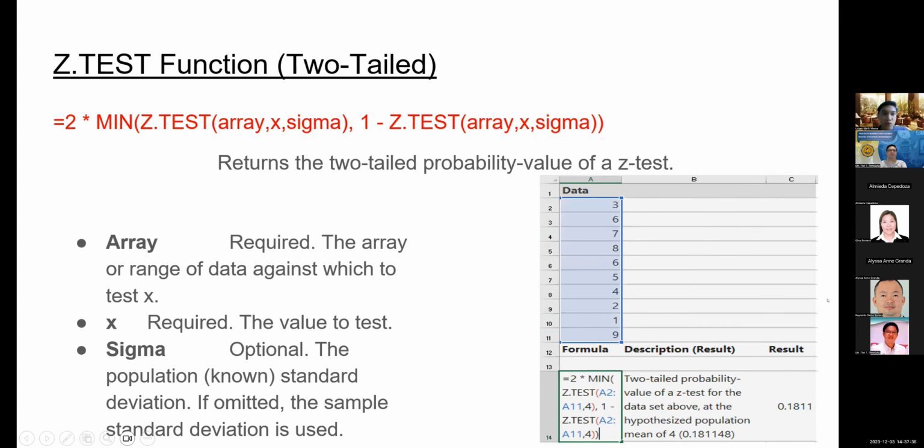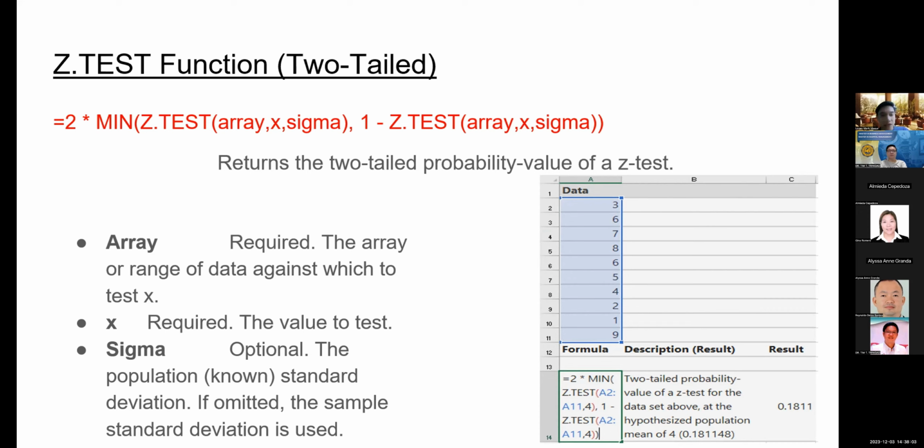We can also do the z-test function for a two-tailed test. We just modify the syntax. So we use the syntax 2 asterisk MIN(Z.TEST, specify the array, the x and the sigma, comma 1 minus Z.TEST.